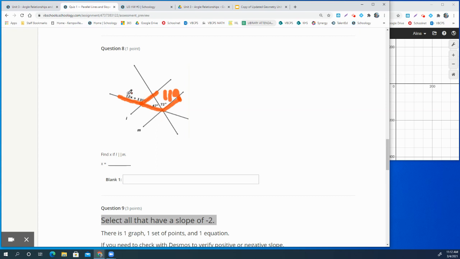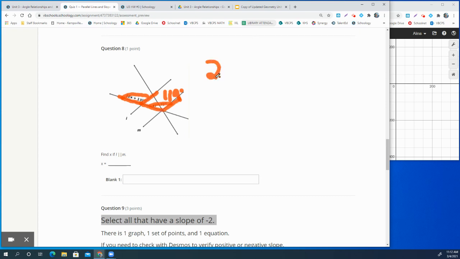Okay. So what's the relationship between this obtuse angle and this obtuse angle now that I've added them together and gotten 119? Are they equal or are they equal to 180? They're equal because they're corresponding. This orange angle, I can slide over and it will land right on this one.